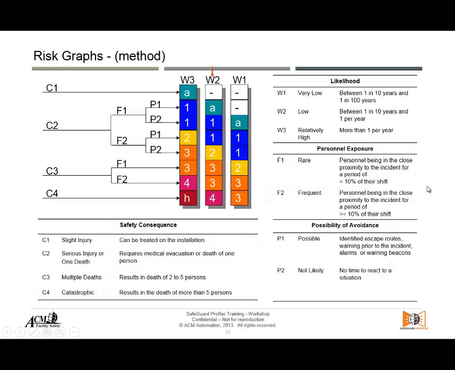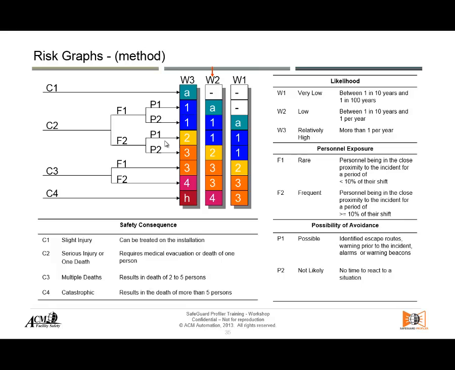So we're going to look very quickly at what the risk graph method is, and this is also offered inside SafeGuard Profiler. So we have this other methodology, and you can see here a calibrated risk graph, and this is an extract of the original risk metrics. So don't copy from a book, that's not good, right?